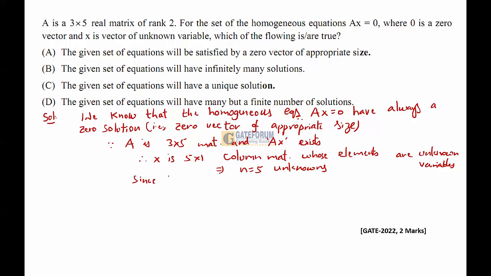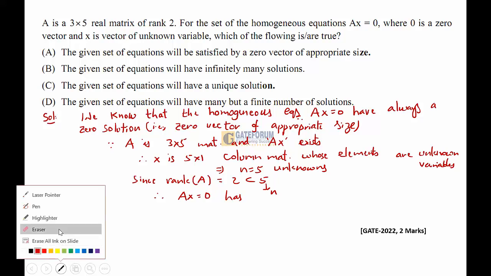Okay. Since the rank of this matrix A is equal to 2, which is less than 5, this is n. When rank A is less than the number of variables, that are unknowns, therefore Ax is equal to 0, the homogeneous equations Ax equal to 0, directly you can write like that.